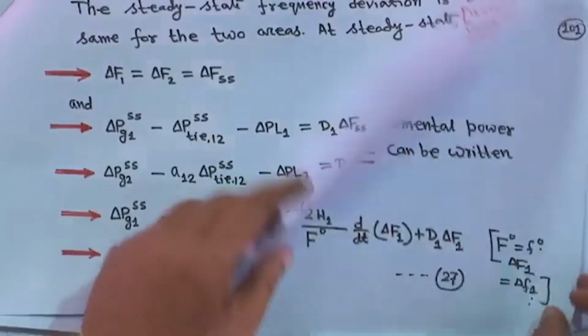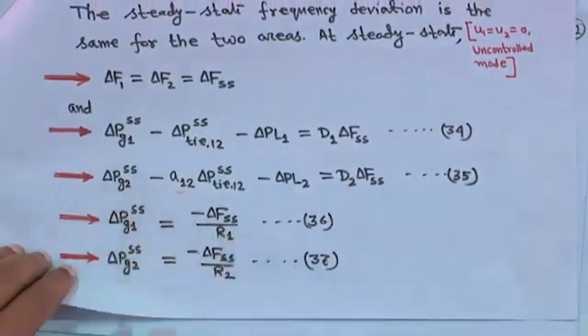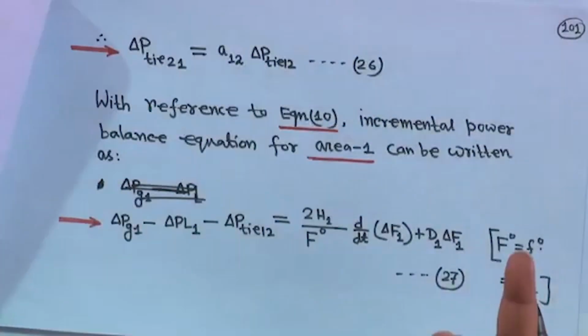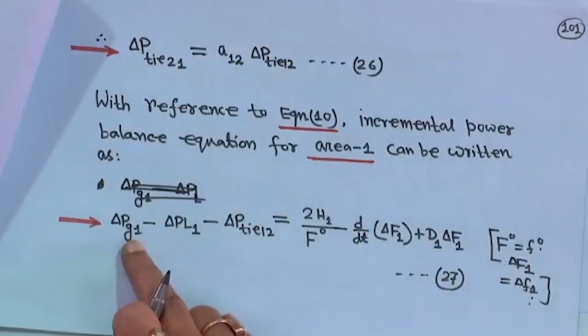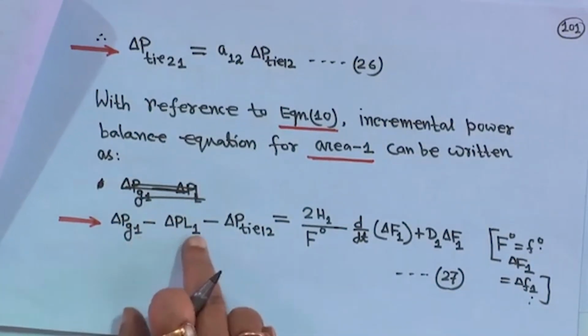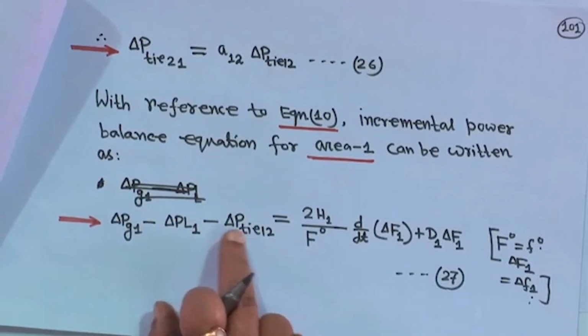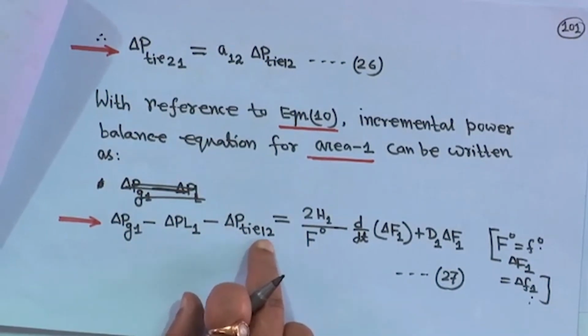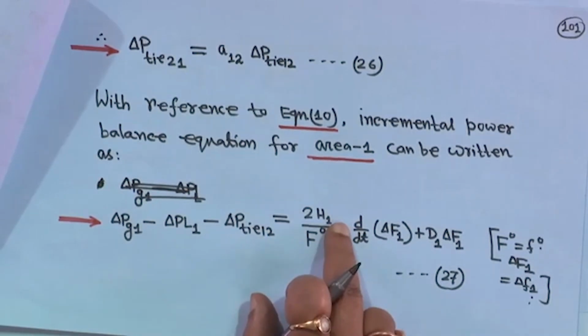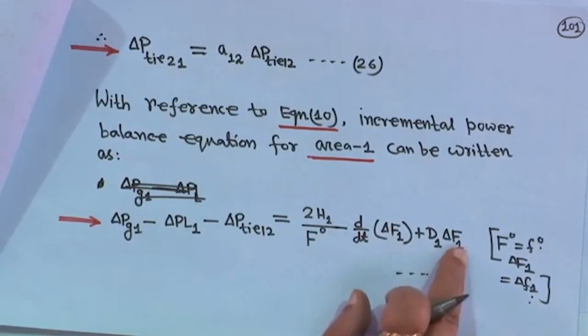Similarly, for area 2, the equation will remain the same. I did not write that one, but it is understandable: delta Pg2 minus delta PL2 minus delta Ptie 2-1, hence minus a12 into delta Ptie 1-2, is equal to 2H2 upon F0 into d/dt of delta f2 plus D2 into delta f2.